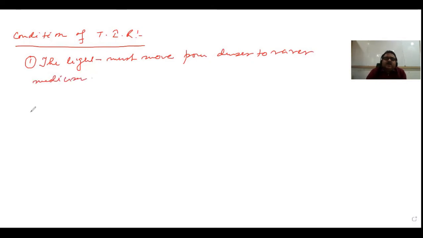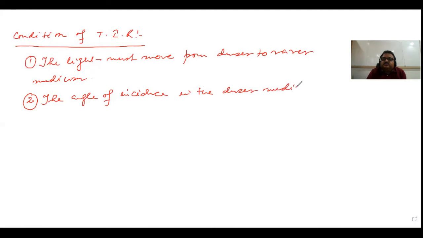Okay. Number two, the angle of incidence in the denser medium must be more than the critical angle for that pair of media.